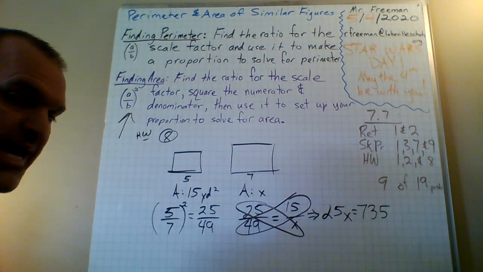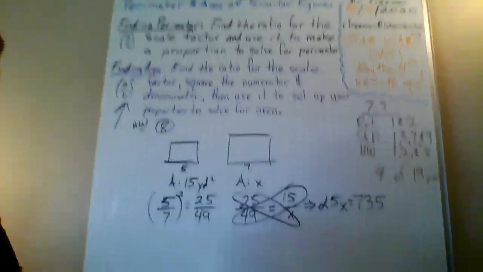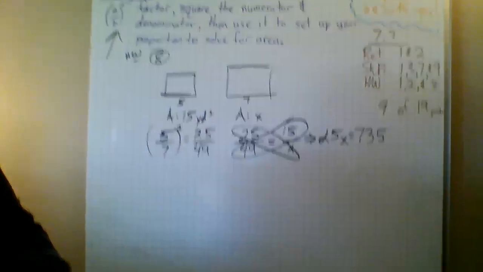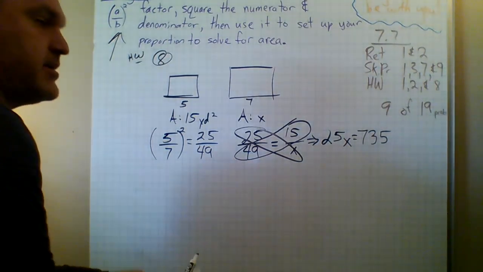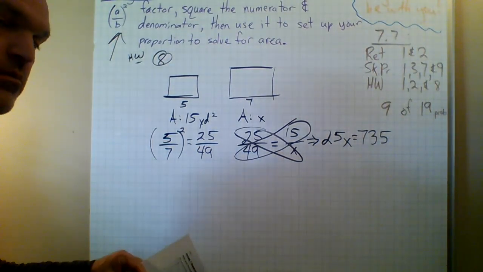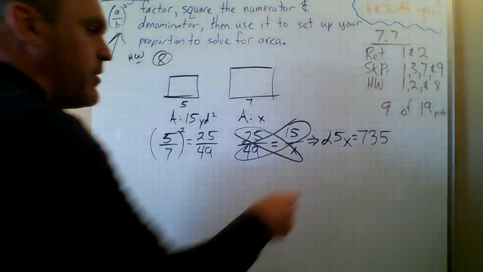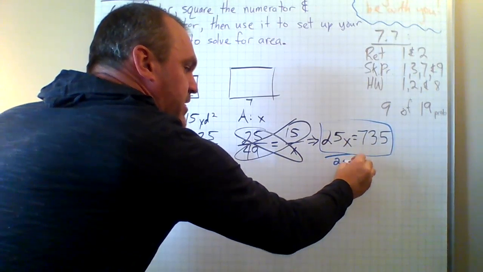Okay, for sake of not going off the screen, I'm going to tilt you up a little bit. And so now we're going to take this 25x equals 735. Before I tilted you, remember we're right here. We're going to divide both sides by 25.